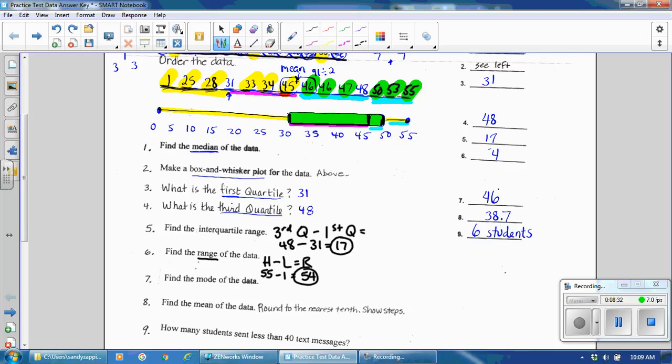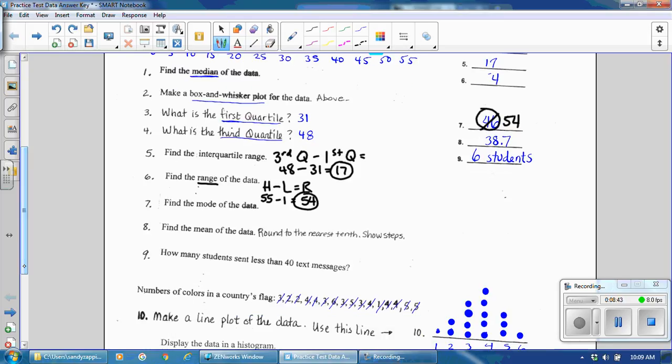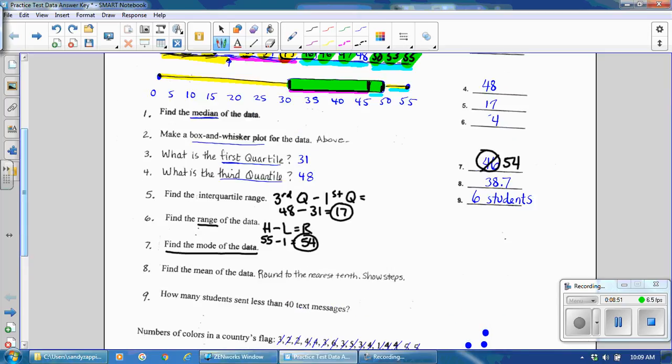Number 7. Whoops. Don't know where 46 came from. All right, let's go to the mode in the data. Oh, there we go. Let's fix that. Number 6 is the range of data.